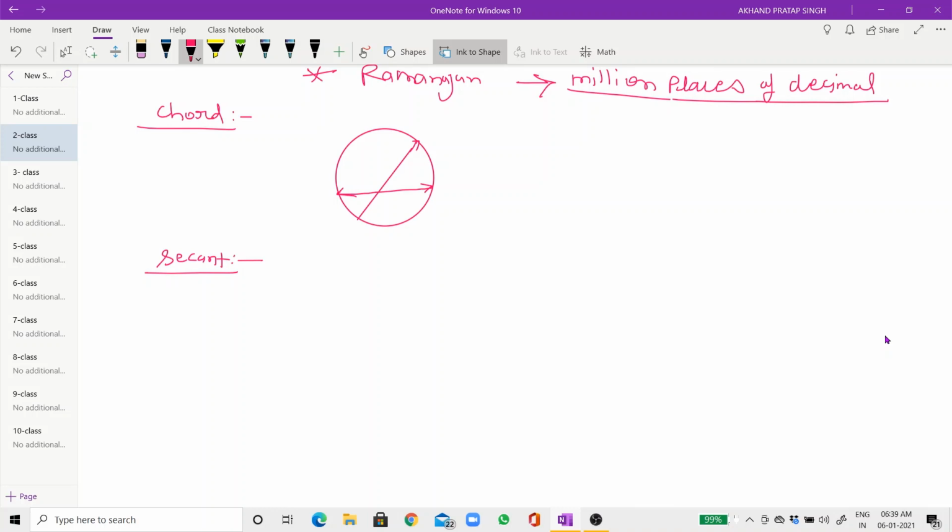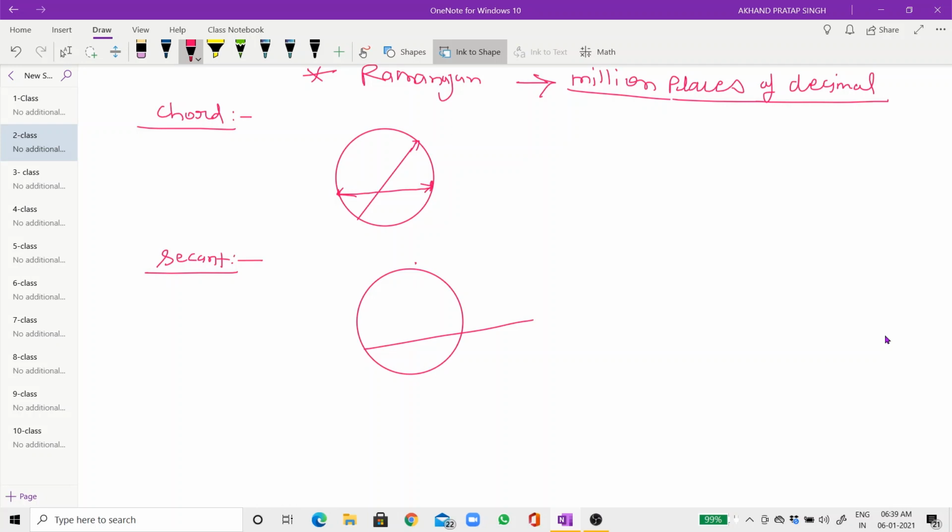So coming to the secant. Suppose this is a circle, and a secant is just an extended line. Look at the difference between chord and secant. The chord is just within the circle.